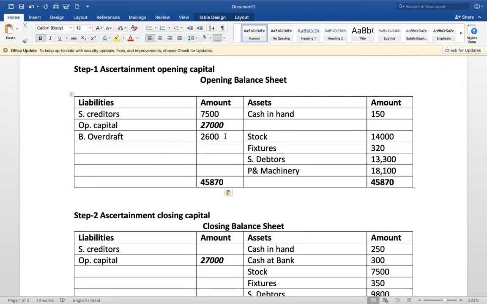And the difference, after the overdraft of this and the opening capital, which is your answer, is 35,770. This is your answer under step 2.